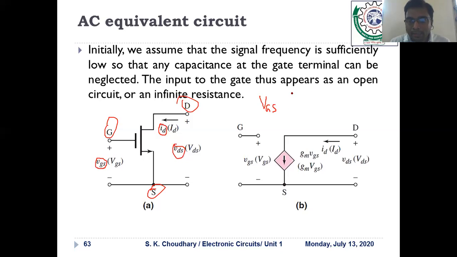If you write small v but capital G and capital S, it is called the combination of AC and DC. Similar with the current also. The terms in the bracket here are the phasor representation. This also indicates the AC value of the current and voltage, but it is called the phasor representation, where the letter is capital and the suffixes are small.